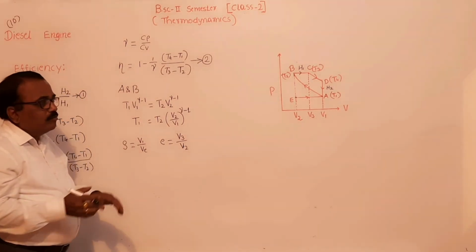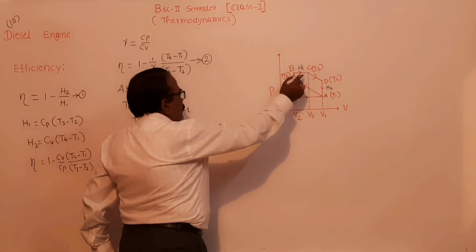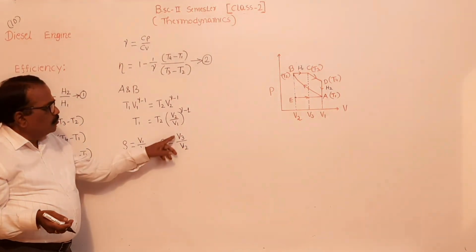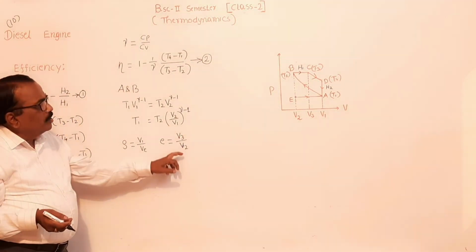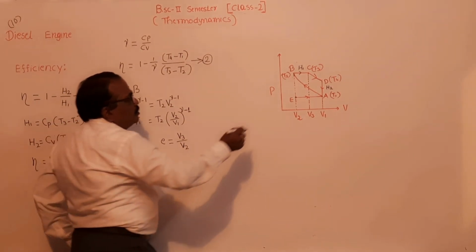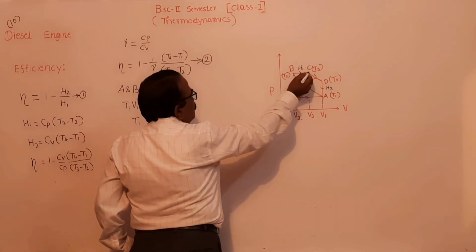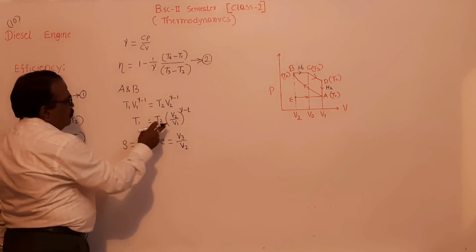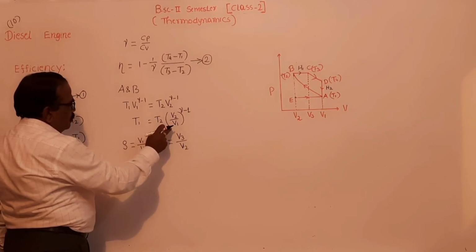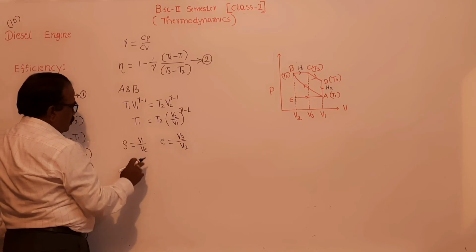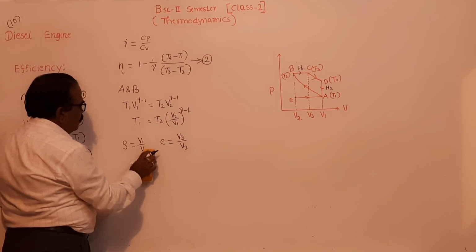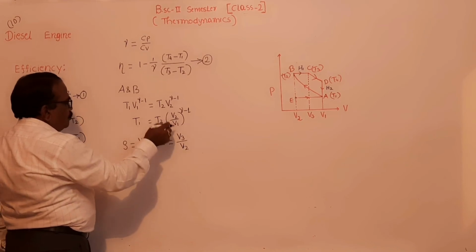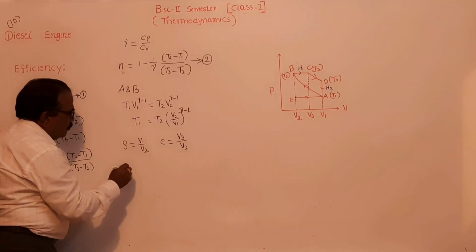Due to burning, the volume changes here. That is called the internal combustion ratio. E is equal to V3 by V2. Initial volume here was V2 and up to here it is V3. And now in this equation, rho is V1 by V2, so V2 by V1 is 1 upon rho.